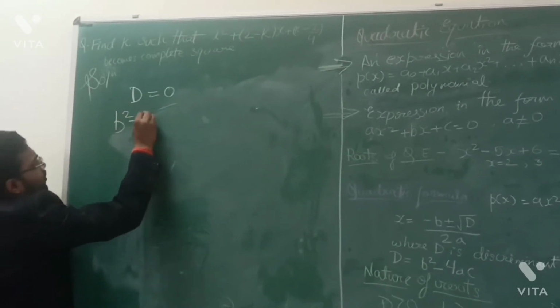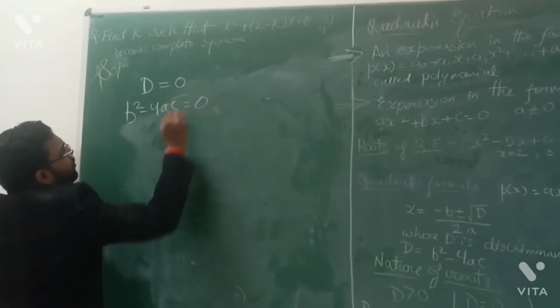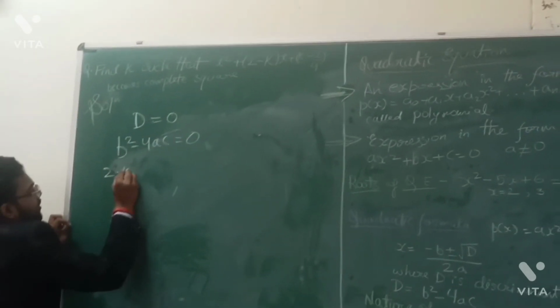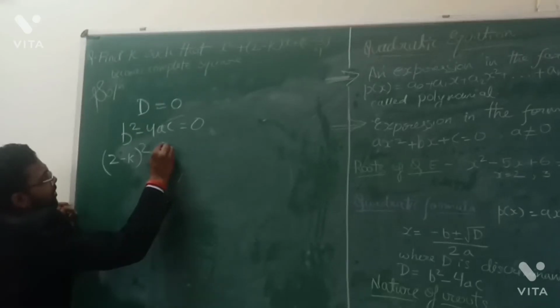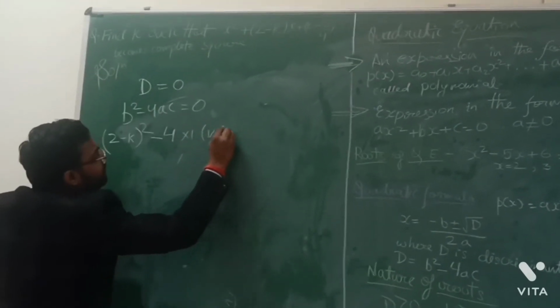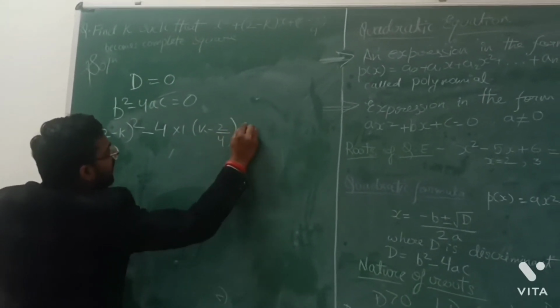This means D = 0, so b² - 4ac = 0. And b here is 2 - k, so (2 - k)² - 4 × a × c = 0.